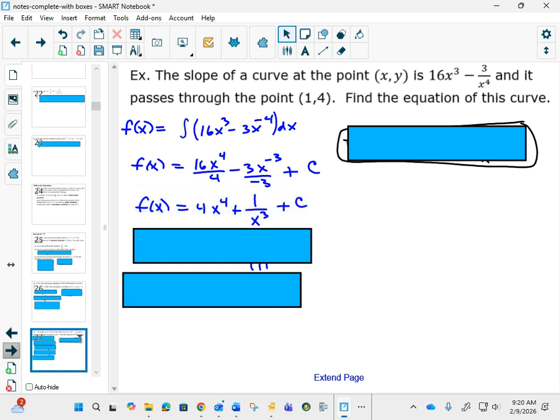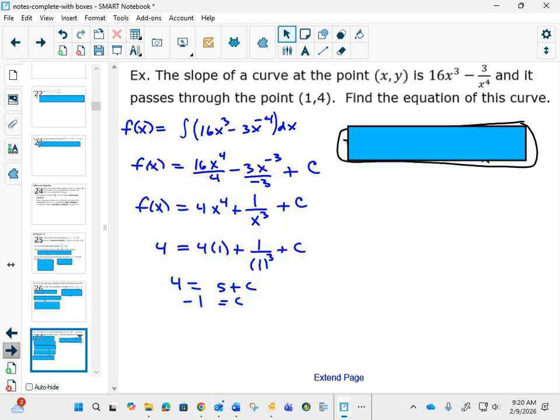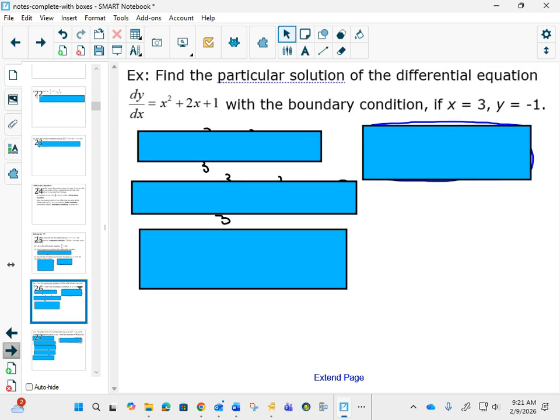We can plug in our point and find out what c is.